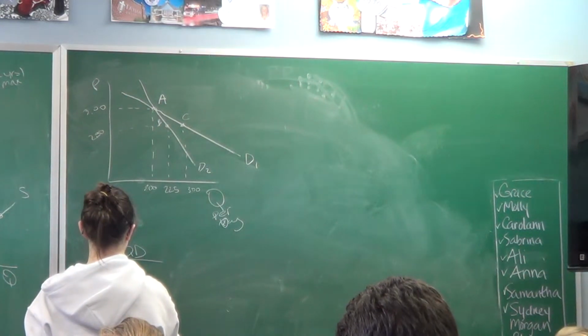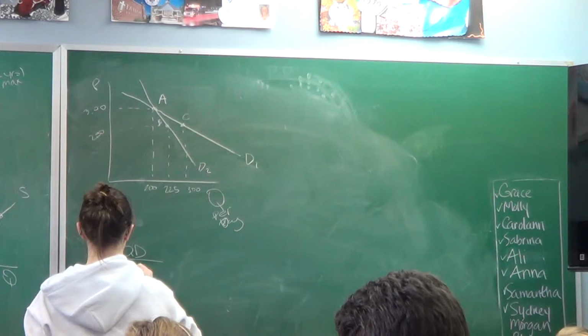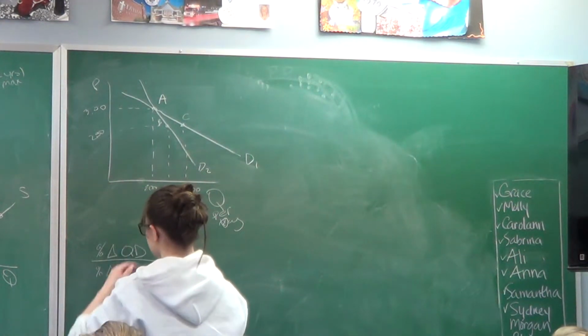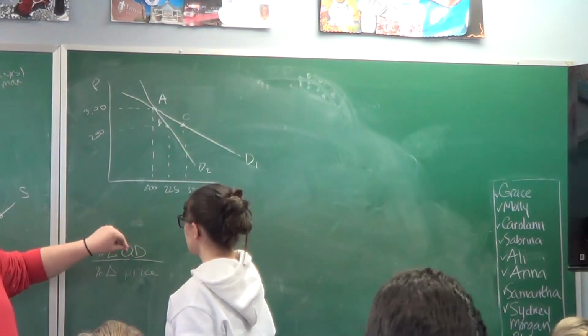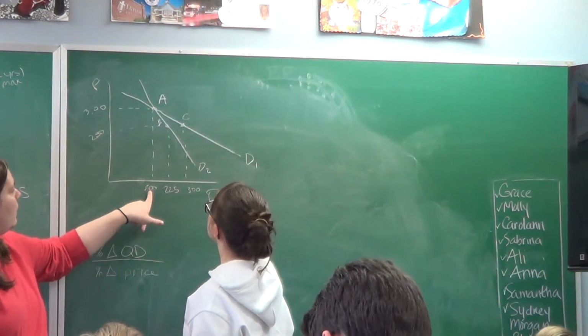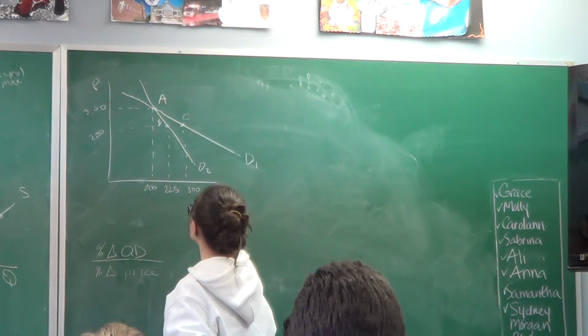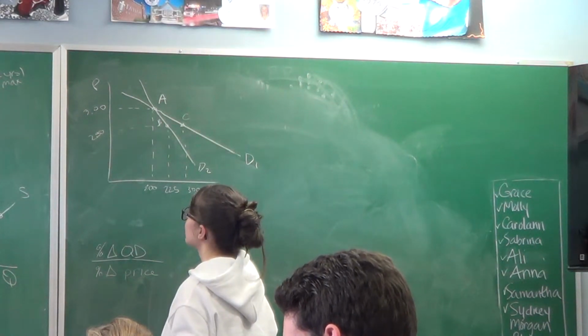It'll be the percent change in price. Right, and since we're looking at quantity, we found that by doing the quantity of A minus the quantity of C over A plus C over 2, right? Did you follow that?